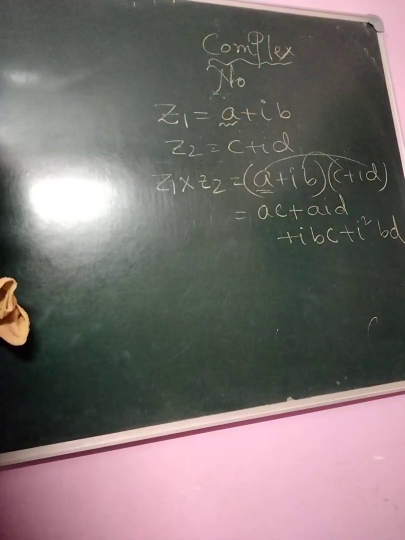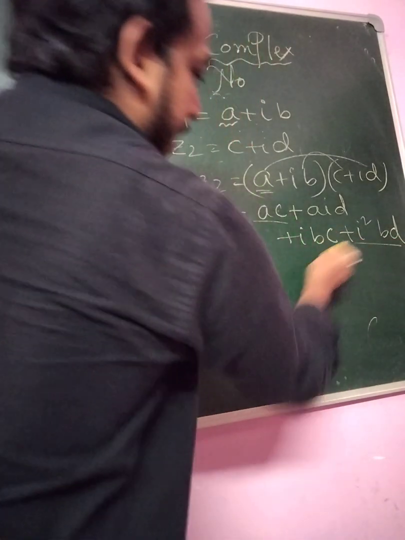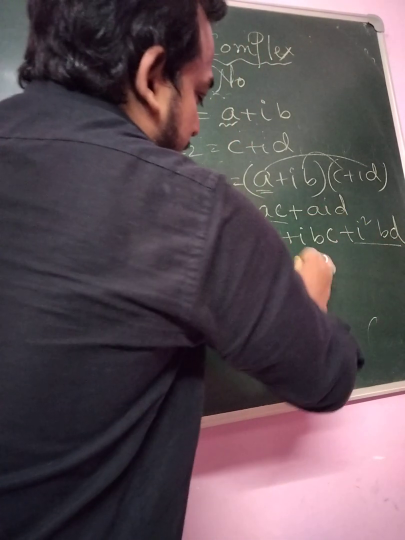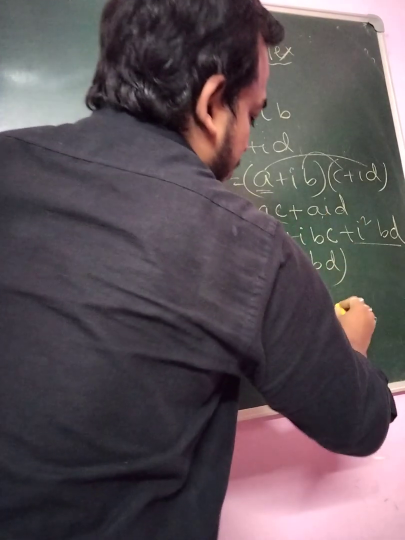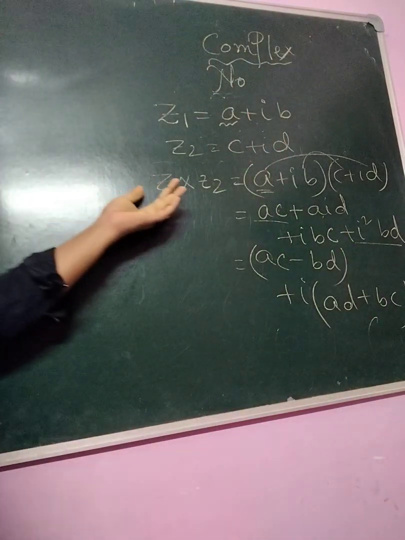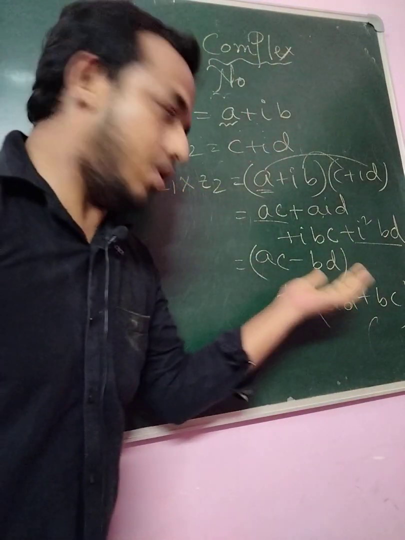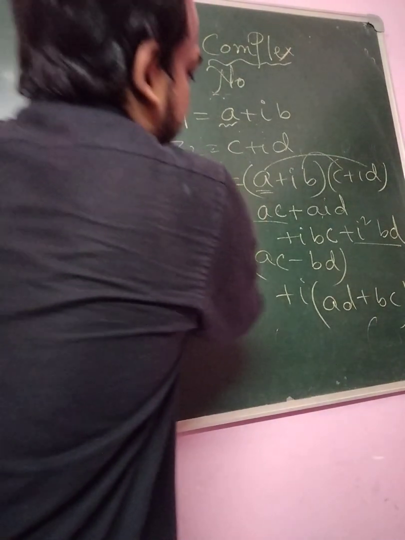Now we know that i square is -1, so this is the real part and this is also the real part because i square is -1. So AC minus BD, and taking i common from the other two, you get AD plus BC. That means if we multiply two complex numbers, the resultant number is also a complex number. So in this way you can multiply two complex numbers.